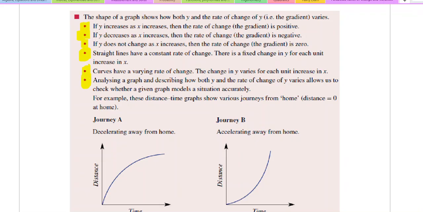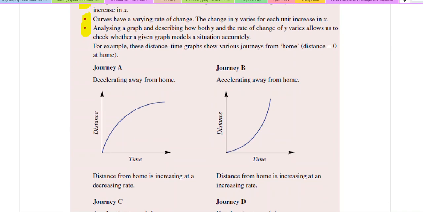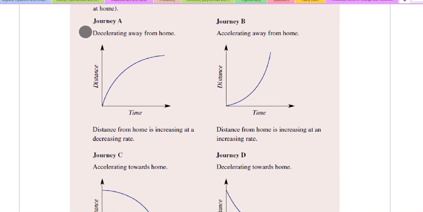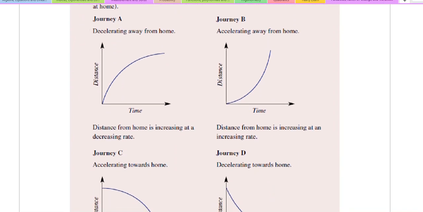Okay, so there's a bit of lingo in there, but we have some graphs here to help show what we're talking about. So in journey A, as time is progressing, as we go across horizontally, the distance is increasing. So we're going further away, but the rate at which the distance is changing is slowing down.